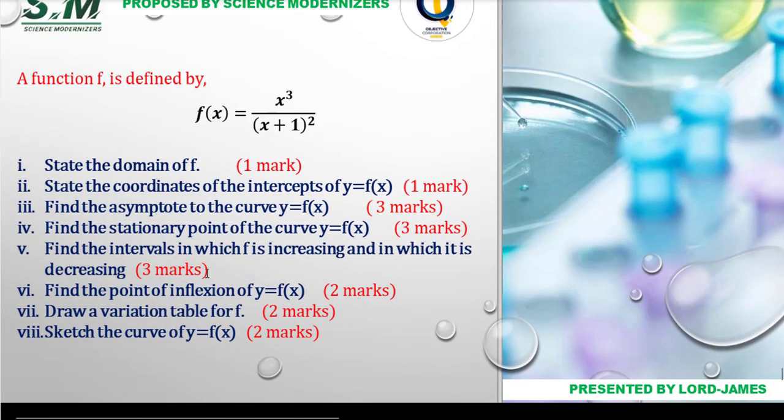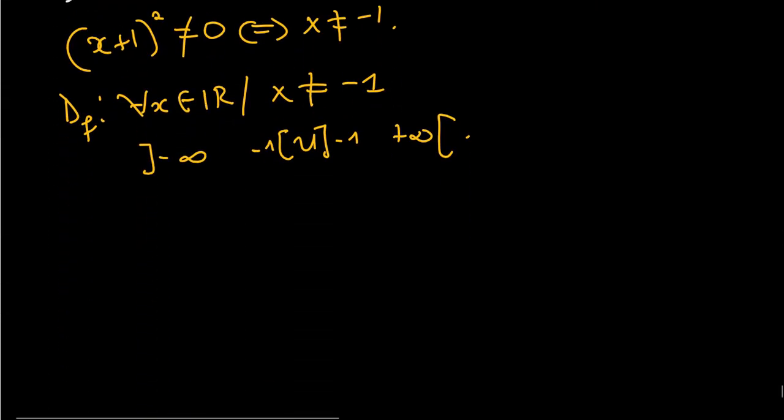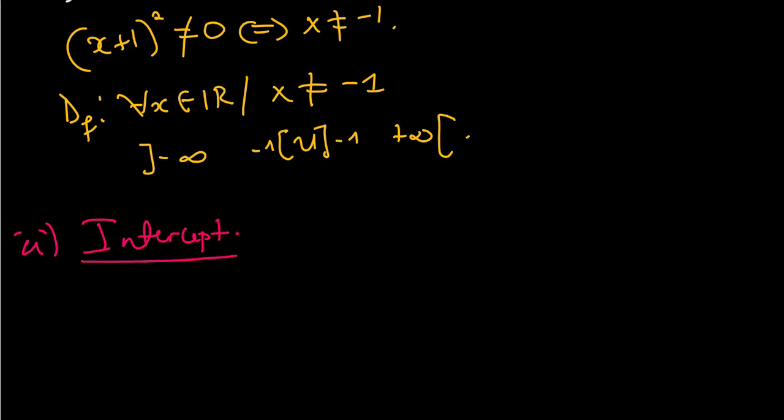So the second says state the coordinates of the intercept of y equal to f of x. So Roman 2, here we are talking about the intercepts. So we saw that there are two types of intercepts. We have the y-intercept. When does the y-intercept occur? The y-intercept occurs when x is equal to 0.